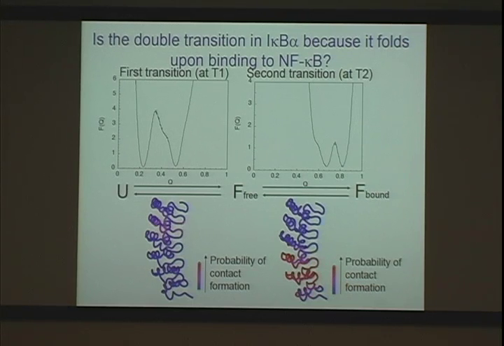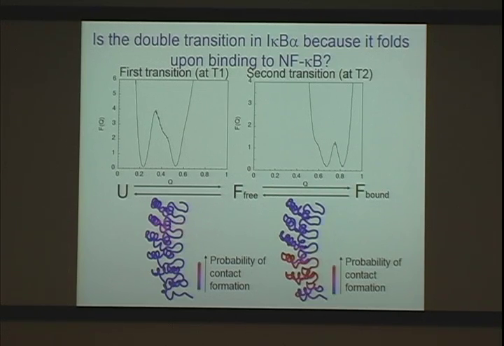And so we postulated that actually what we were observing in these Go models was in fact the transition of a completely unfolded I kappa B alpha to a folded free state in which these contacts down here in the fifth and sixth repeats had not been made yet. And then a second transition from folded free to folded bound.